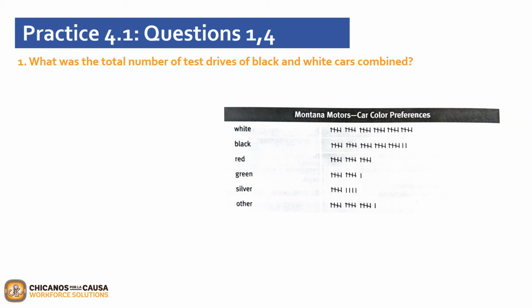If we look at our tally marks, we have 27 black cars and 30 white cars. If we add 27 plus 30, we get a final total of 57 cars combined. That means there were 57 test drives in total between black and white cars. That was kind of an easy one, so let's move on to our second question.